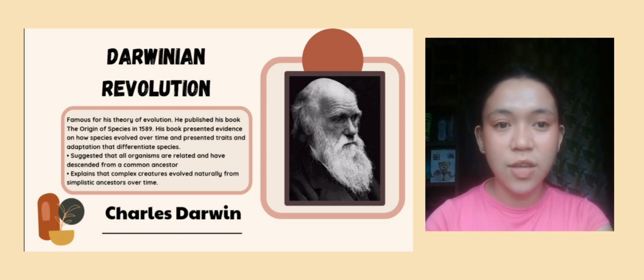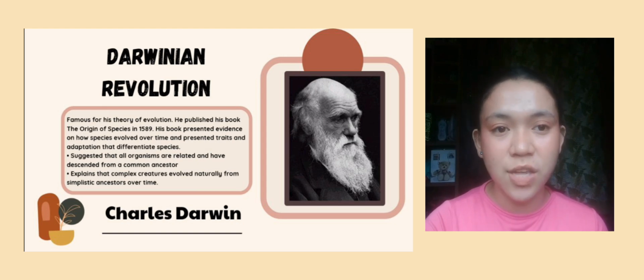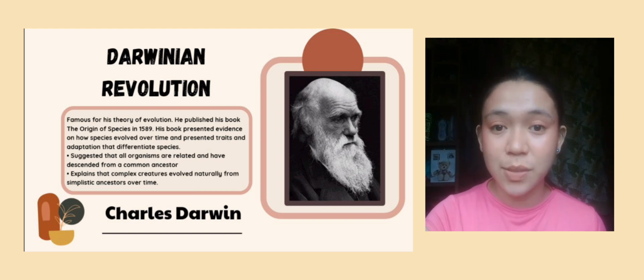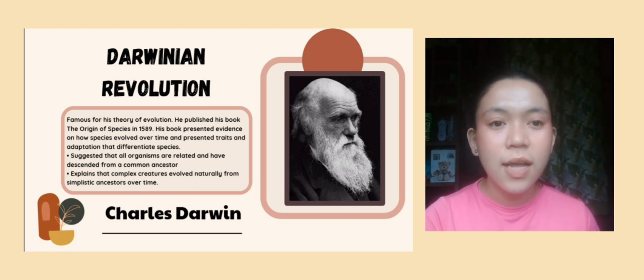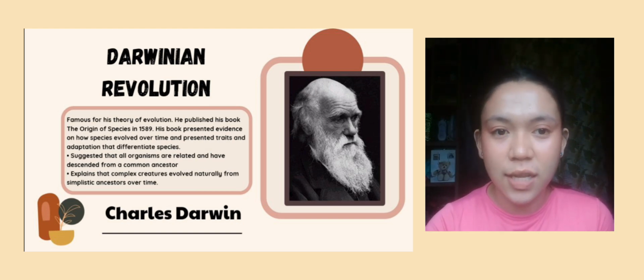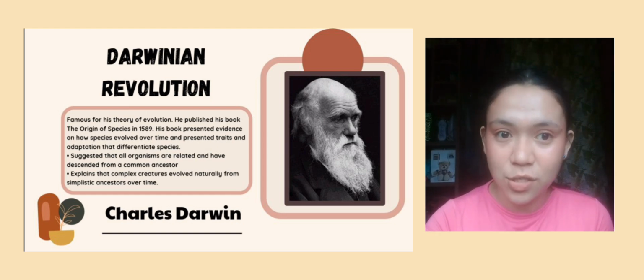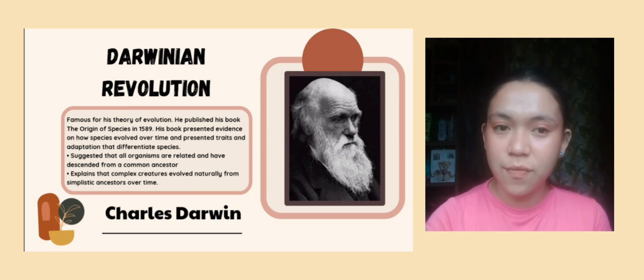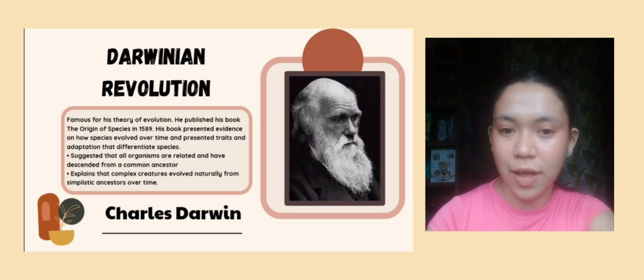His book presented evidence on how species evolved over time and presented traits and adaptations that differentiate species. He suggested that all organisms are related and have descended from a common ancestor. It explains that complex creatures evolved naturally from simplistic ancestors over time.